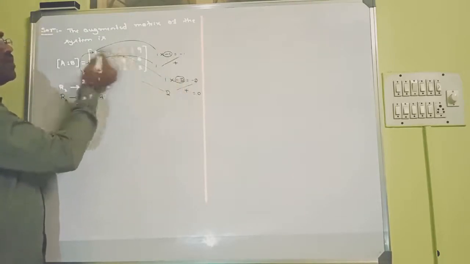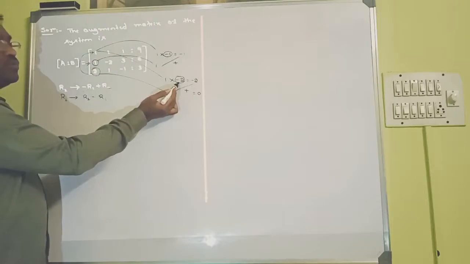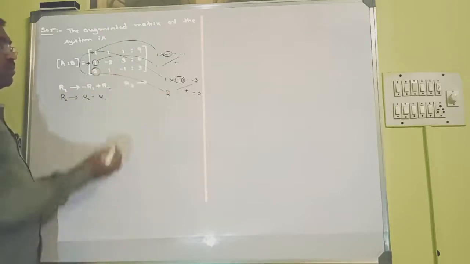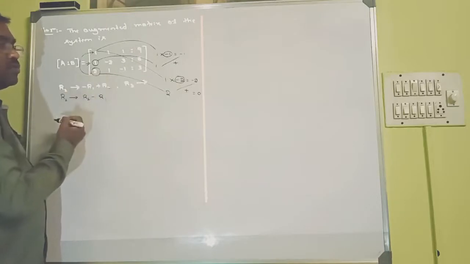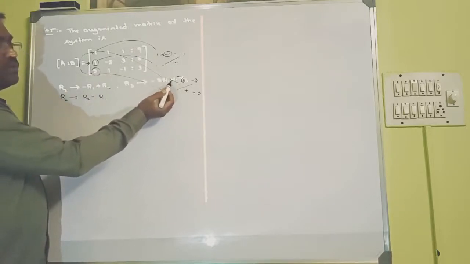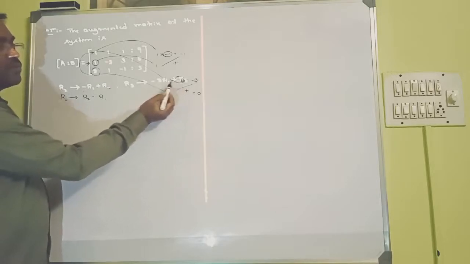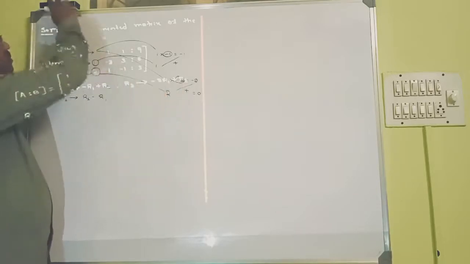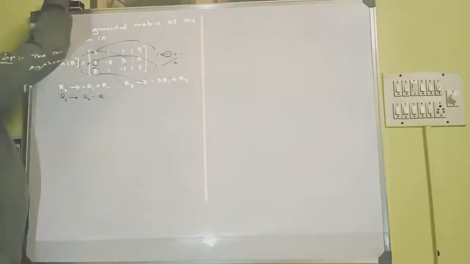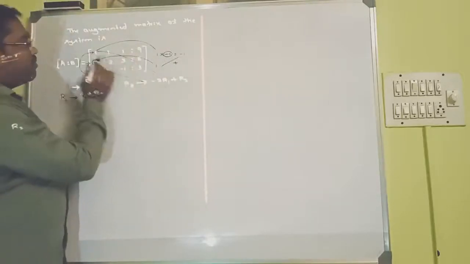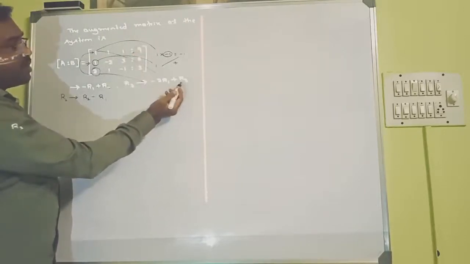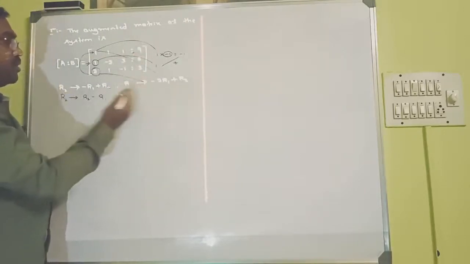To R1 we multiply by minus 2, then we add with R3. So R3 changes to minus 2 times R1 plus R3 elements. Now let us simplify this.